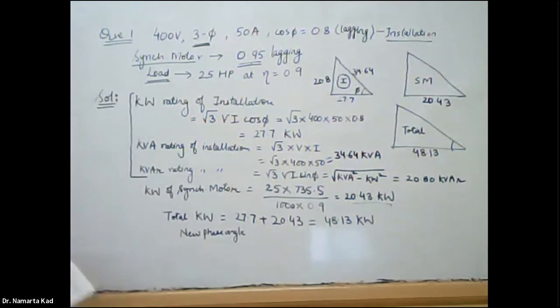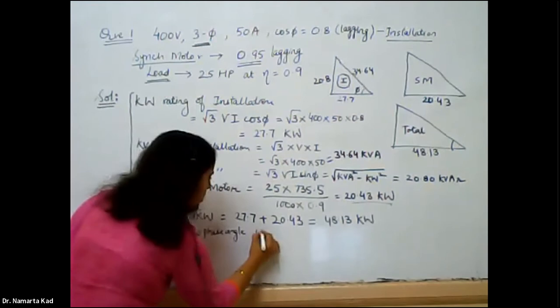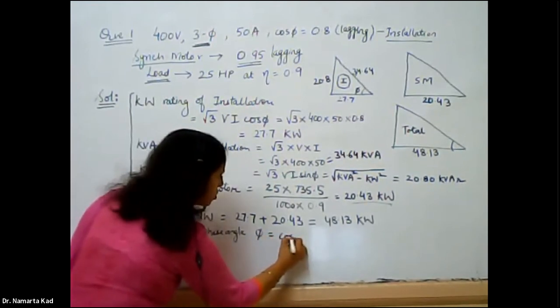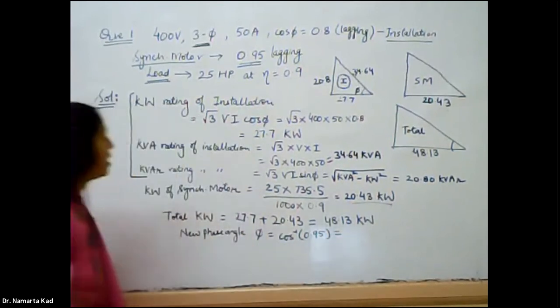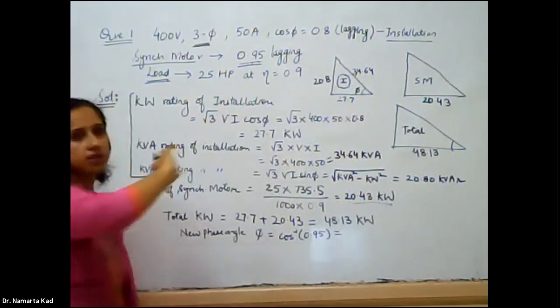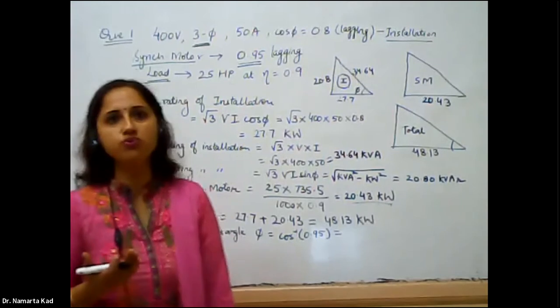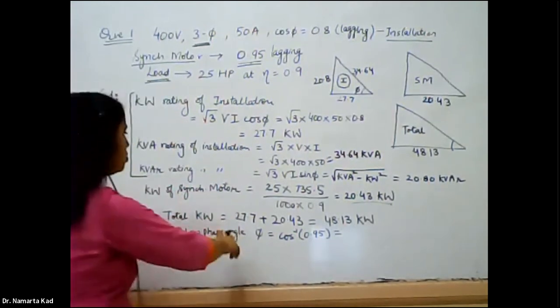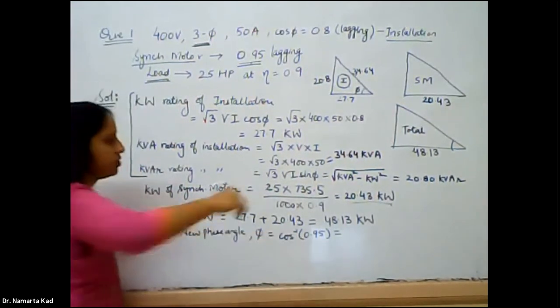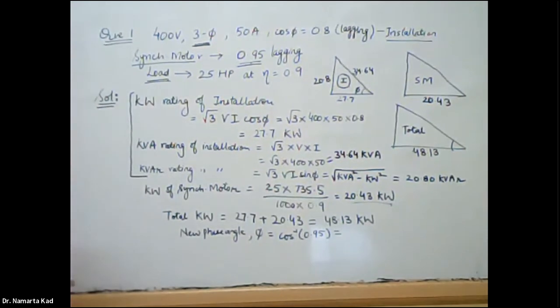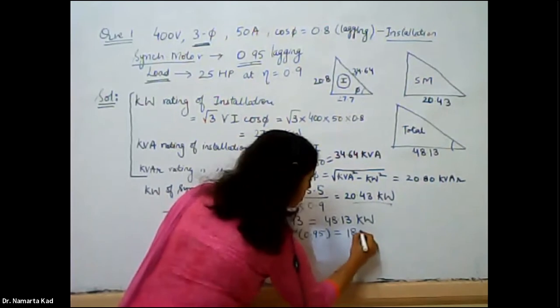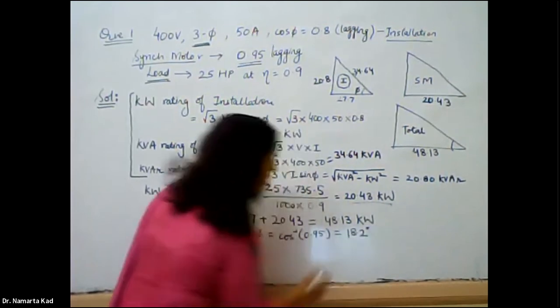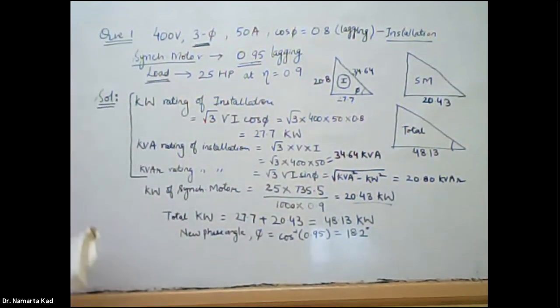Phi is equal to cos inverse of 0.95, as it is given in the question that the power factor is improved to 0.95. It comes out to be 18.2 degree.